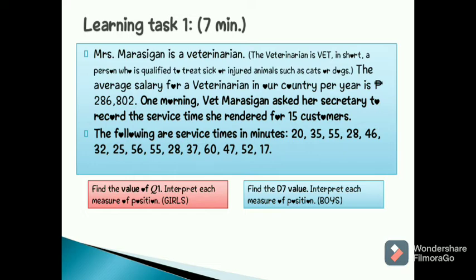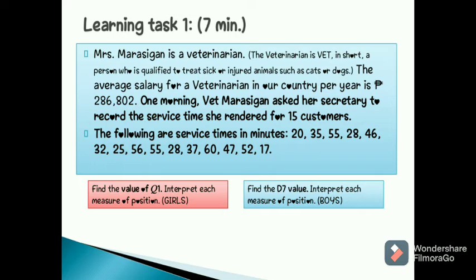and 17. I bolded this part, starting from one morning up to the numbers or the data, because this is the most important part in this paragraph. Meaning, this is the only part included in our interpretation.